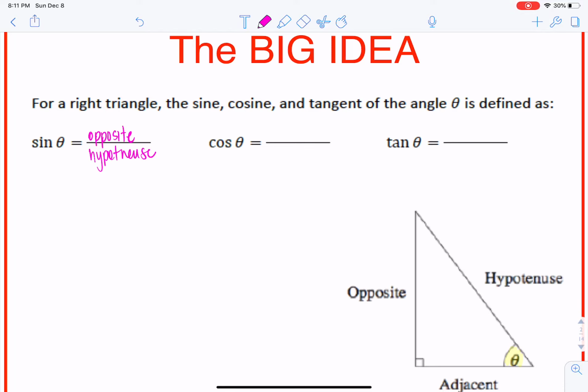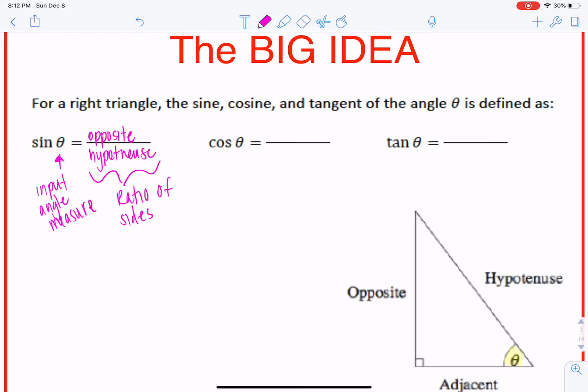For these trig functions, when we're talking about right triangle trig, we always will input an angle measure, and our output will be a ratio of the sides. That's something really important to keep in mind as we're moving forward: I input angle measures into these trig functions and I output a ratio of the side lengths.